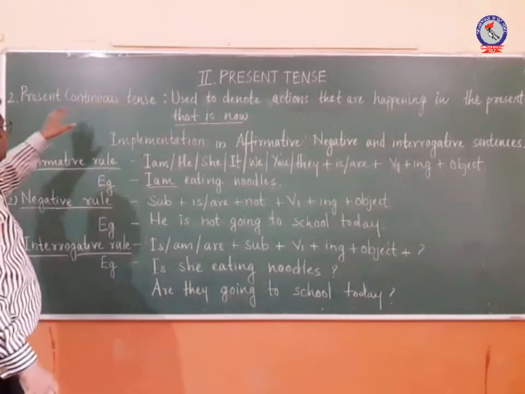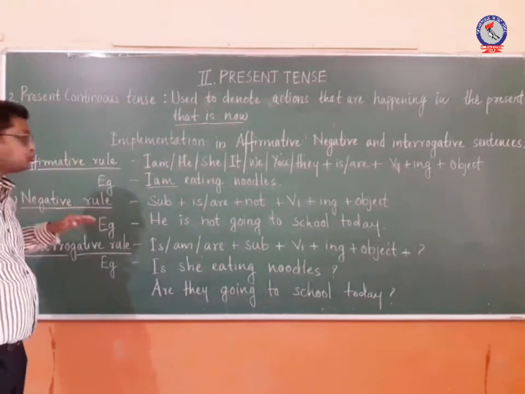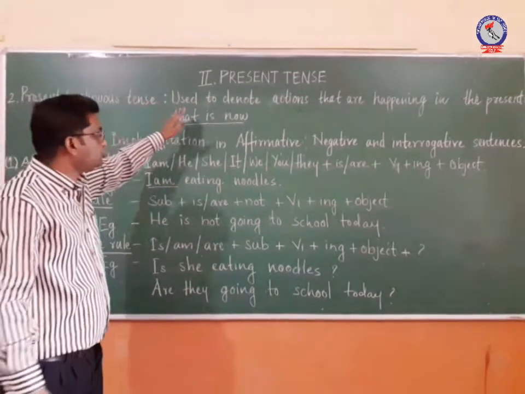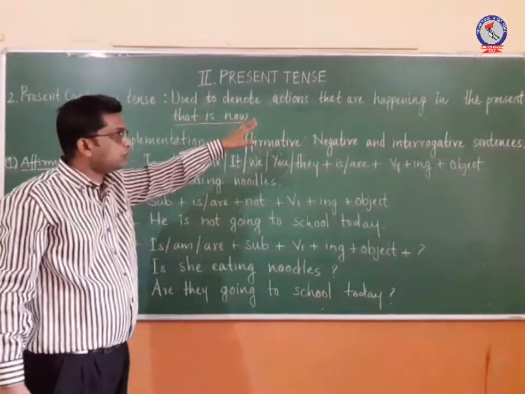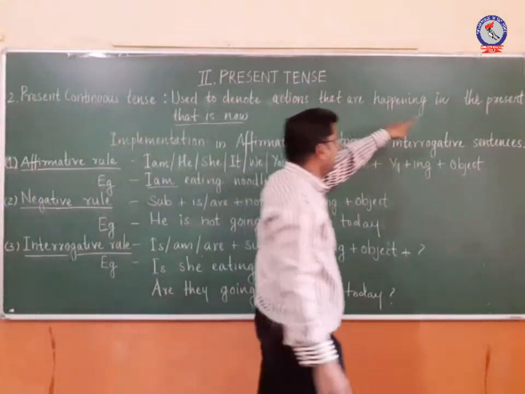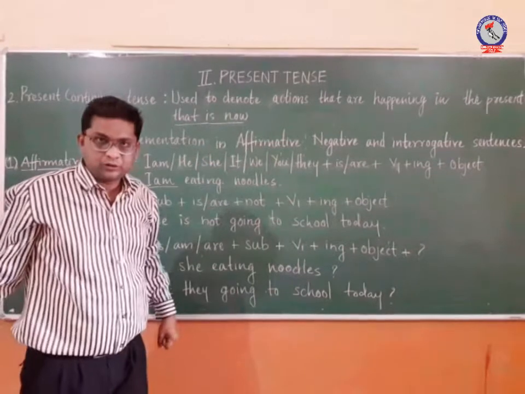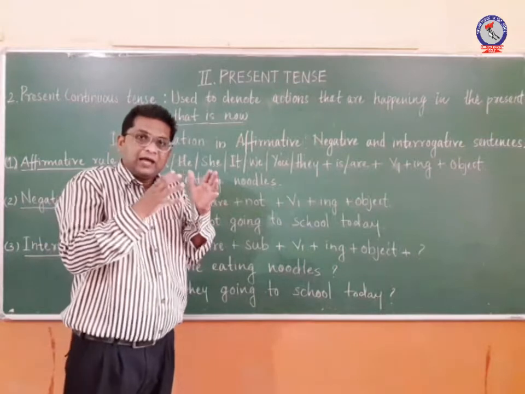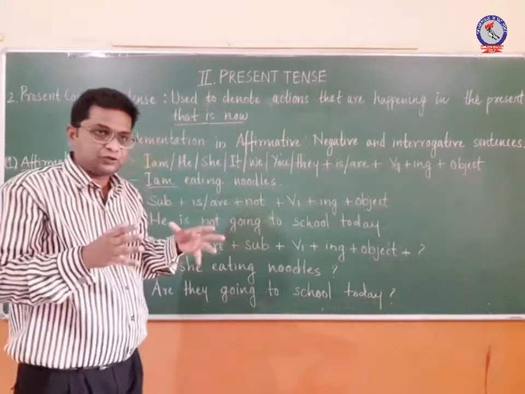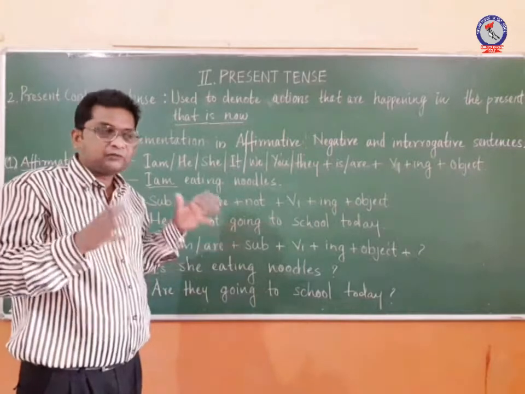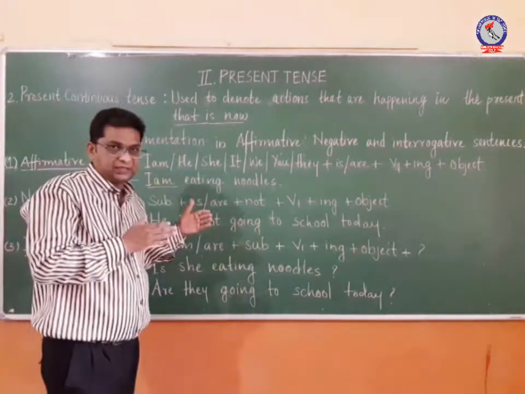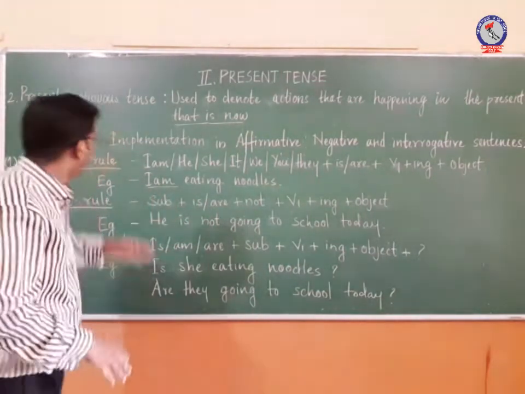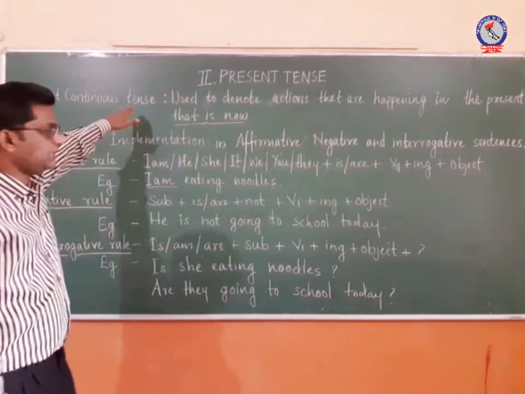We will see the second type of present tense, present continuous tense. It is used to denote actions that are happening in the present, that is now, at present. The happenings or the events or the actions that continue in the present are denoted by present continuous tense.